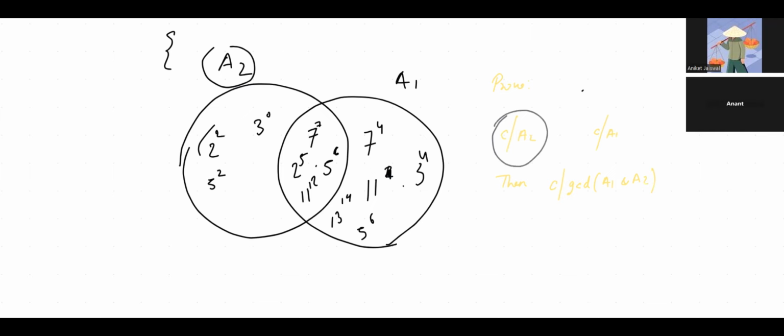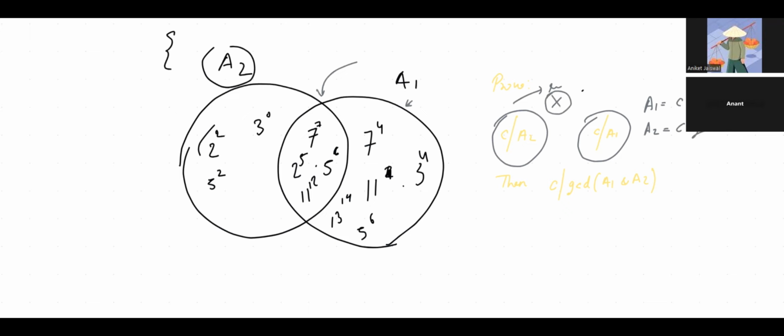So the first thing is, okay, wait, just think about sets. Don't go into modular arithmetic. Think from here. It's a complex, not complex, but lengthy proof.